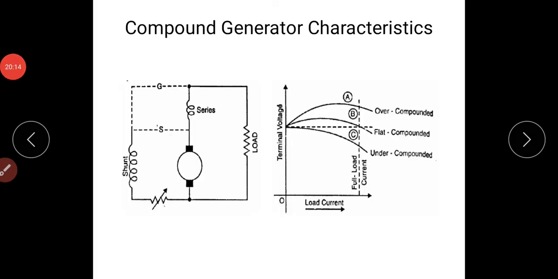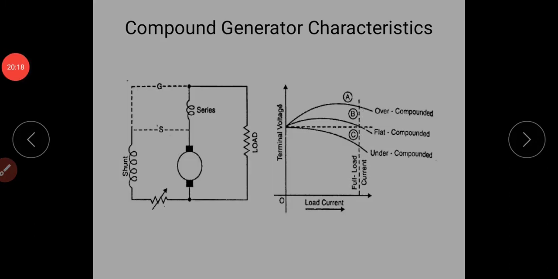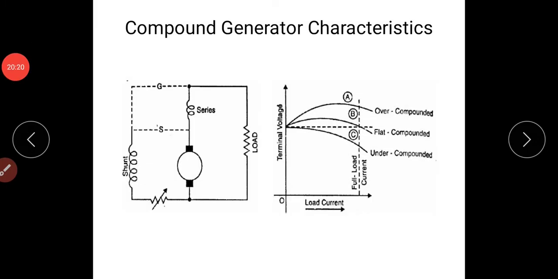Okay, now we will see the characteristics of the compound generator. These are the load characteristics of the compound generator. First one, over compound. This is the over compound generator VL versus IL graph. Generally, the rated voltage at full load condition is called the full load terminal voltage.